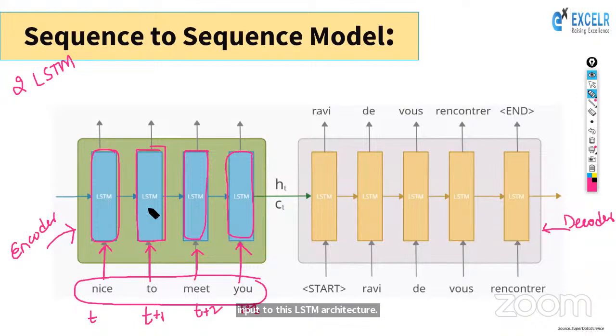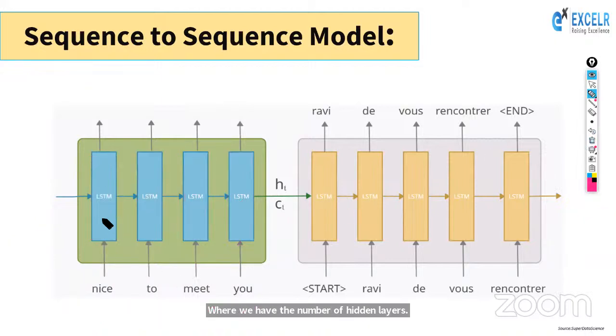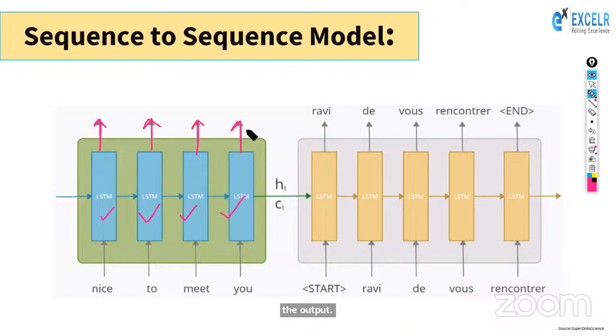All of these LSTM blocks are nothing but neural networks with a number of hidden layers, so it will perform the internal processing, which is simple neural network processing. Based upon that, each and every layer will generate the output. You can see this is the output for each and every LSTM model.